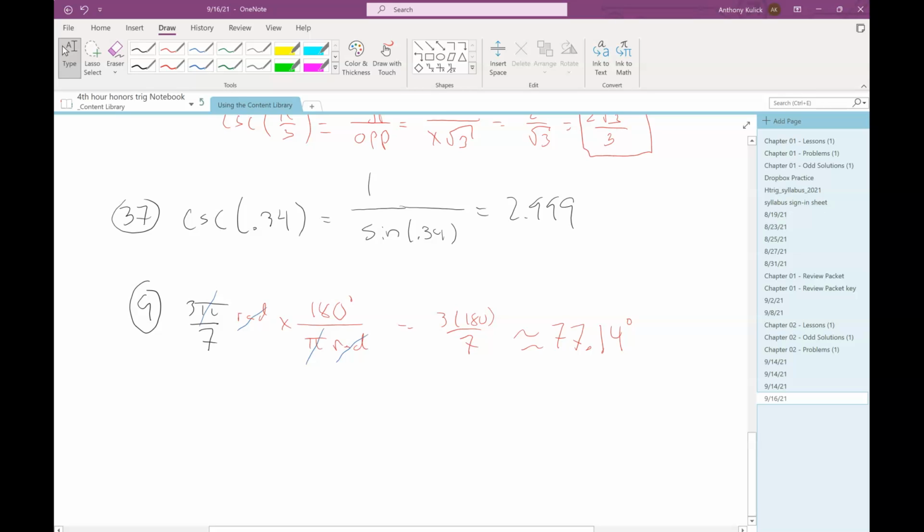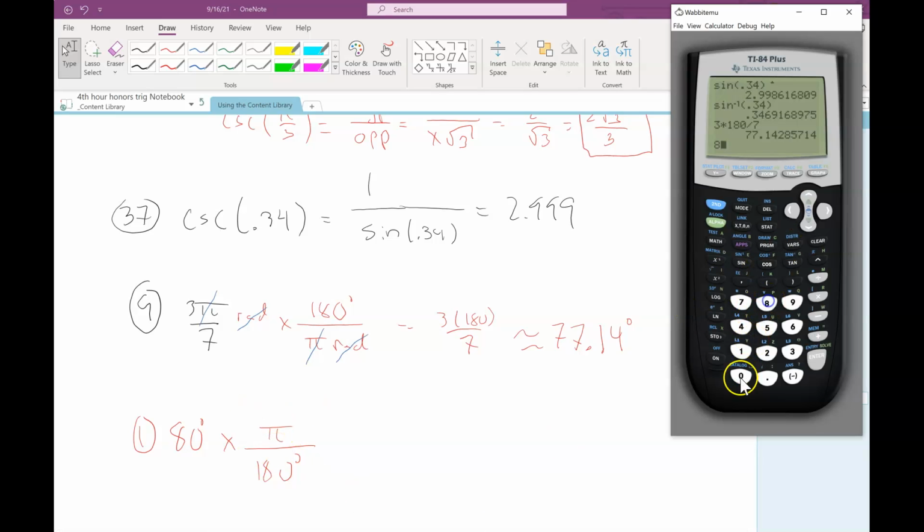So let's just do, say, number 1, for example. Here we're going to multiply 80 by pi over 180, right? So what I'm going to do is just do this on my calculator. I'm going to ignore the pi. So I'm just going to do 80 divided by 180. And then I'll press the math button and choose the fraction command.